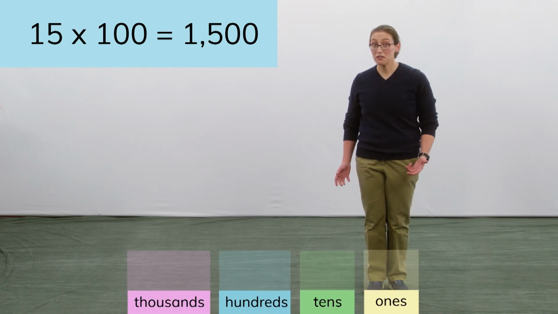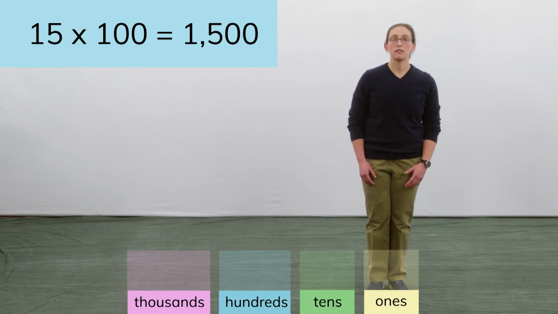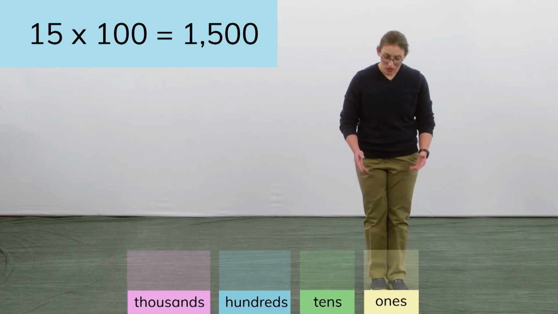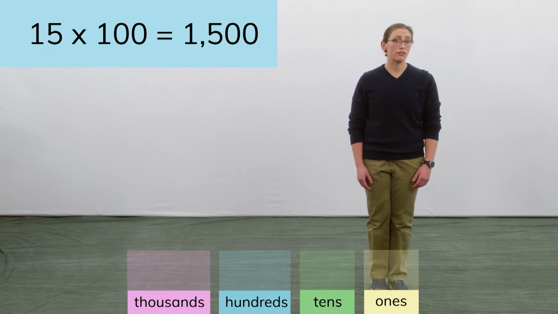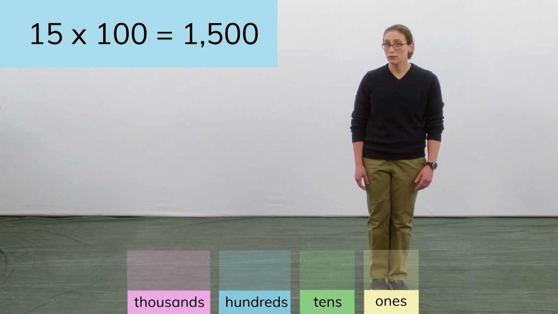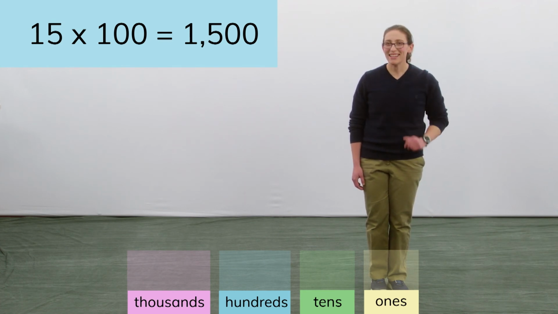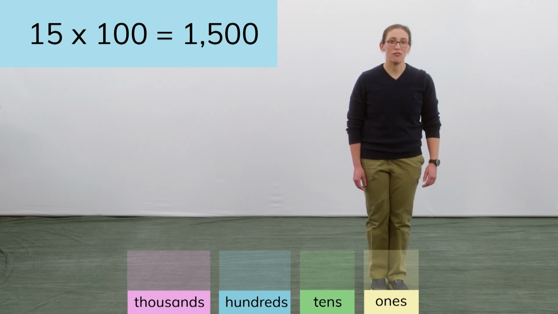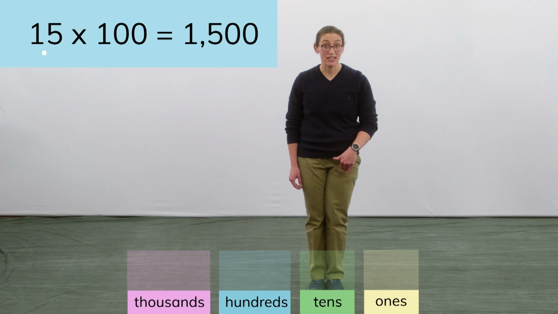So, how are the digits shifting? Let's start by looking at it piece by piece. So the 5 digit started off in the ones place. And with our answer of 1,500, where did it end up? Will you whisper it to me? Ah, yes, it is in the hundreds place now. But what about the 1 that started in the tens place?